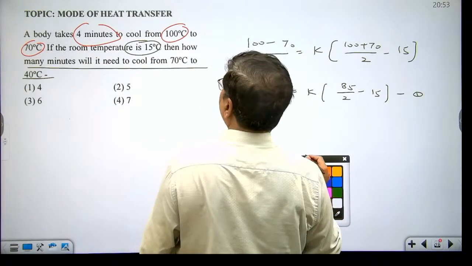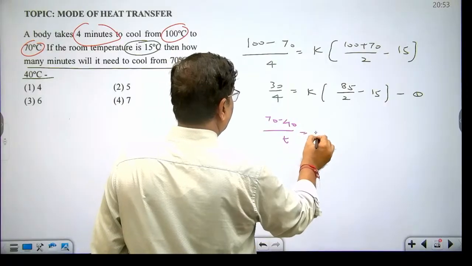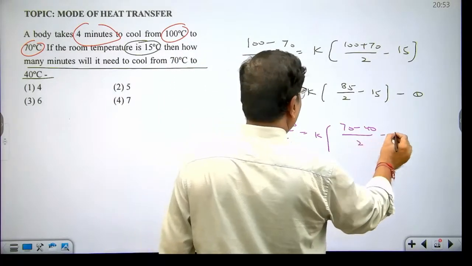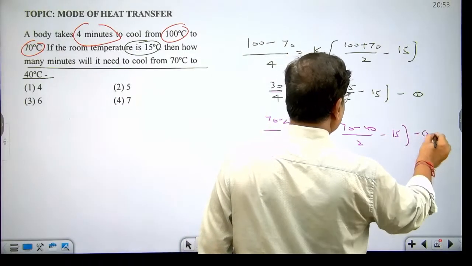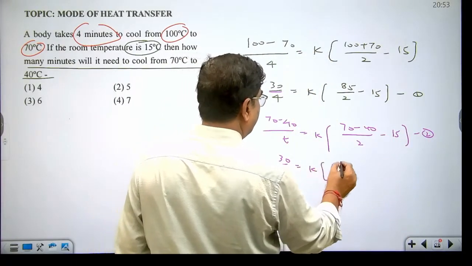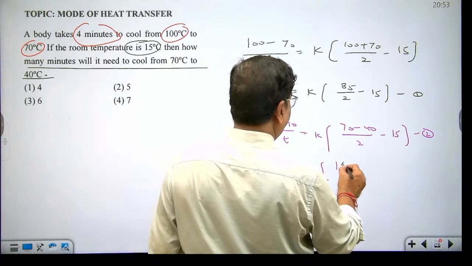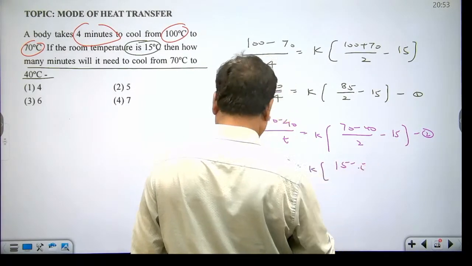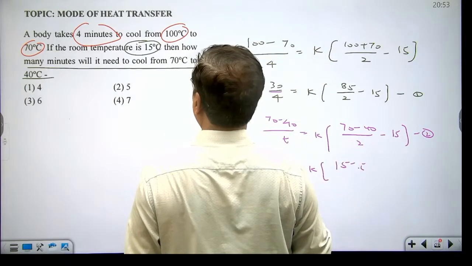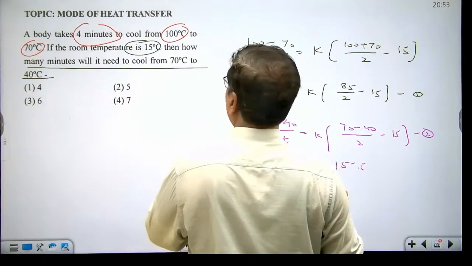And the second equation, 70 to 40: time T, this is K times 70 plus 40 divided by 2 minus 15. This is equation 2. So 30 upon T equal to K times 55 minus 15.